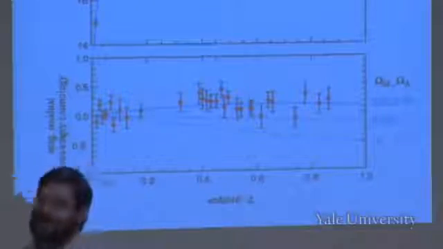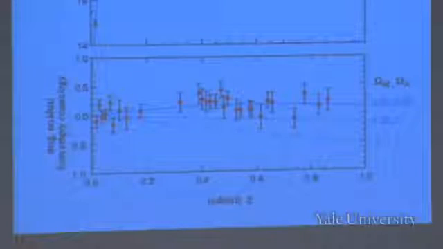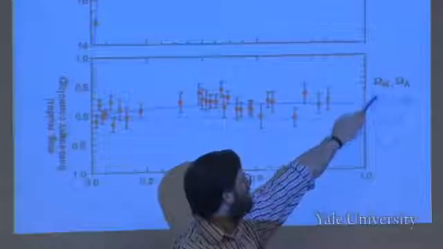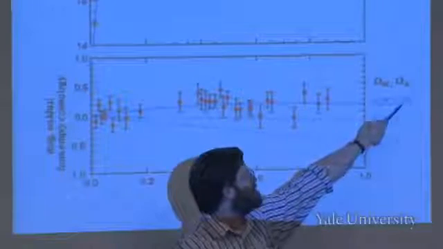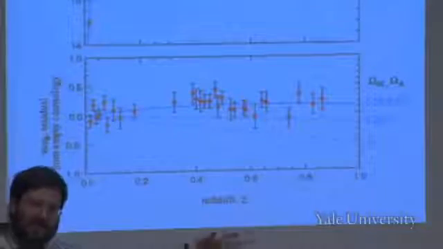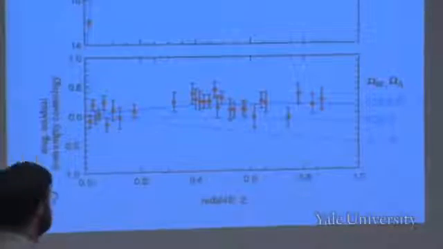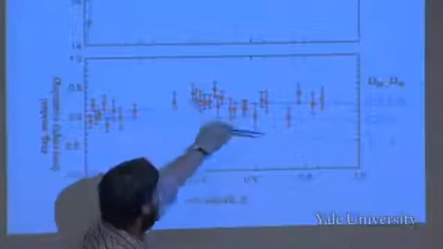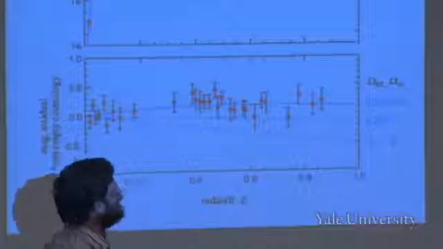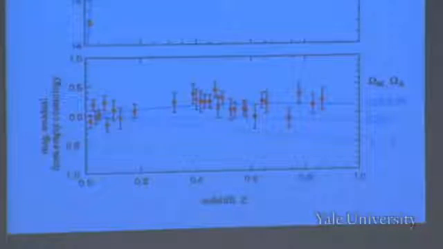This is called the standard model or the concordance model, where the omega matter is 1/4, but there's a whole bunch of dark energy. 3/4 of the universe is in this mysterious form of dark energy, which tends to push things apart rather than pull them together. That's why these points are above the 0 line instead of below it. And that's the current best idea for what the universe is.